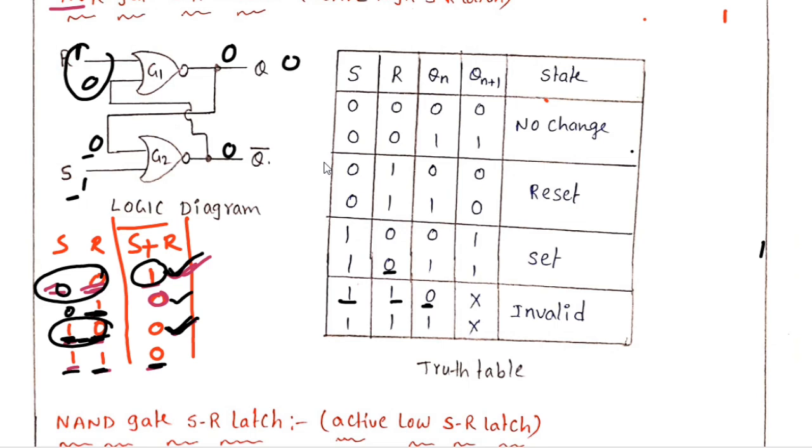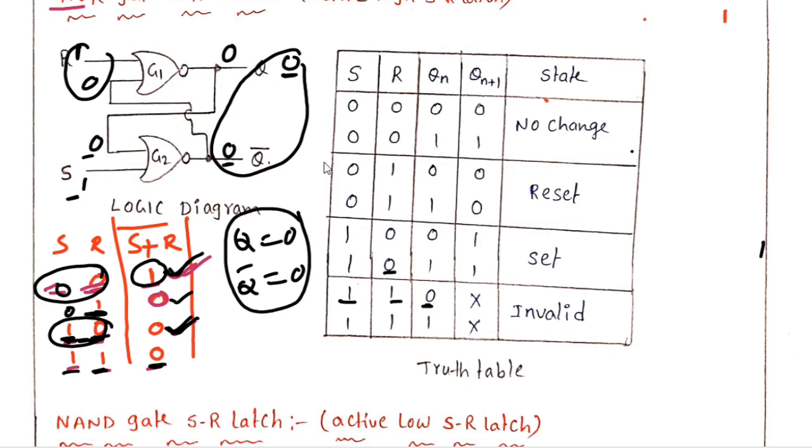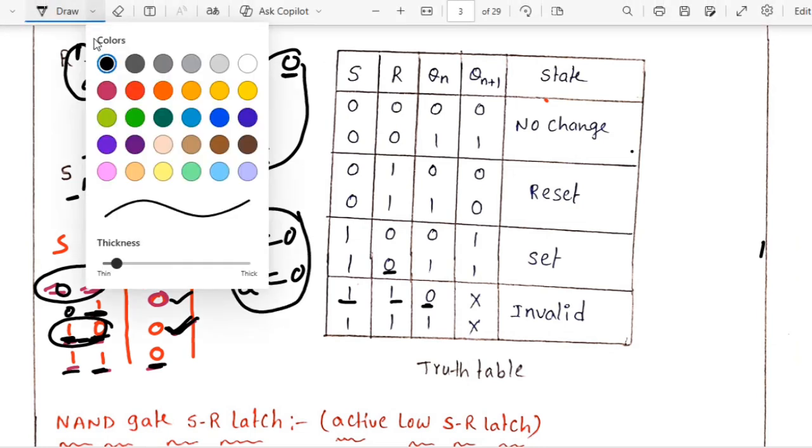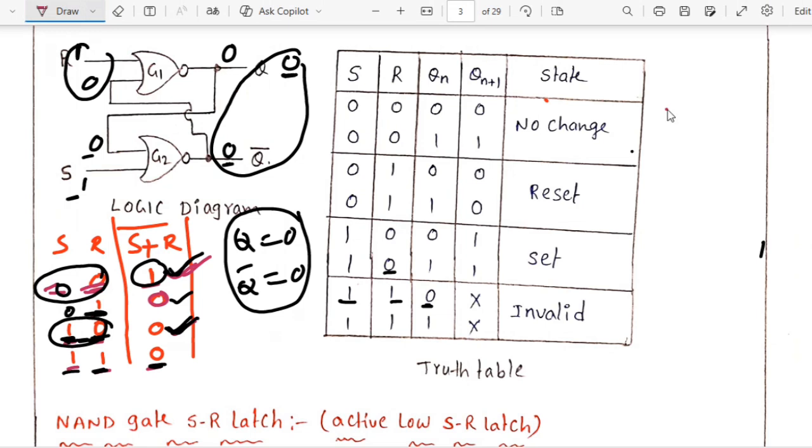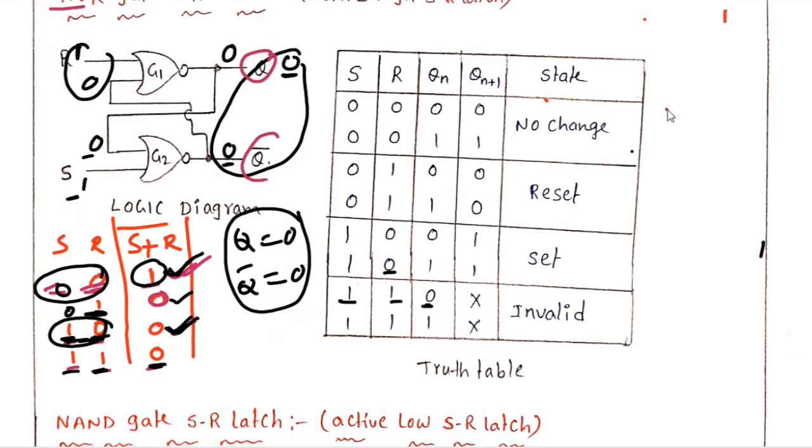Here I got Q bar status 0 and Q status 0. It is wrong, because if Q bar is 1, I should get Q equal to 0. But for both Q and Q bar I got 0. Actually these outputs should be in complemented form. If Q is 0, I am supposed to get Q bar as 1, but Q bar also I got 0. So Q and Q bar are the same output, so it is invalid.